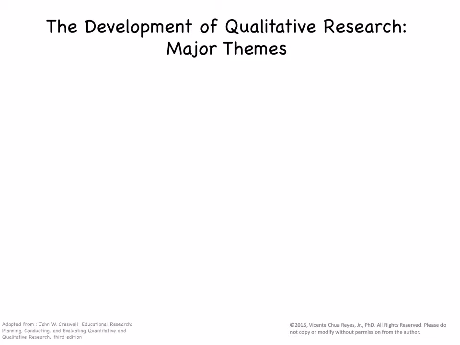We now move on to the development of qualitative research. In understanding qualitative research, we will be looking at the emergence of 3 different themes, different but very much interrelated. The first theme would be philosophical ideas.